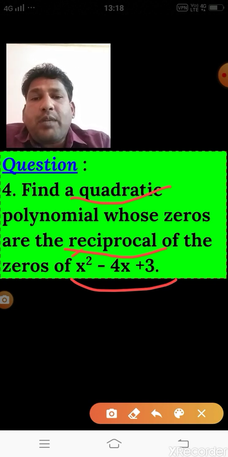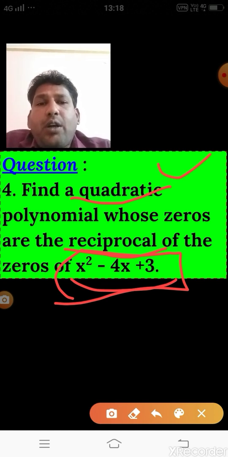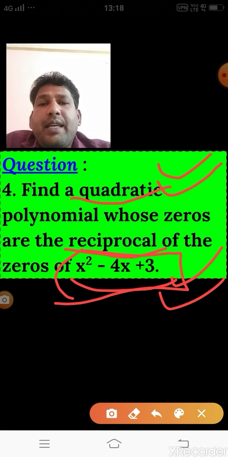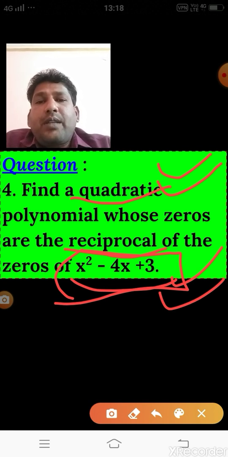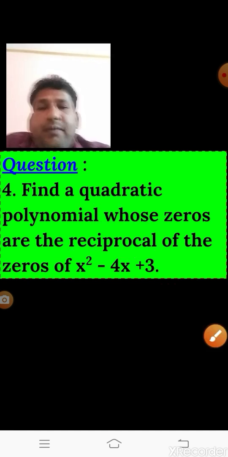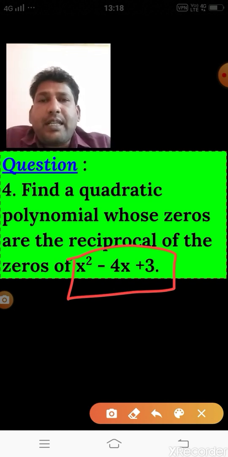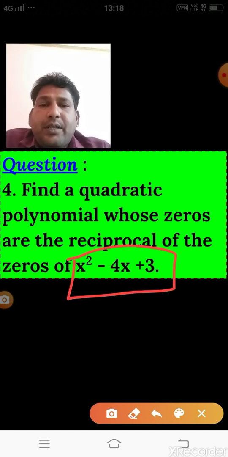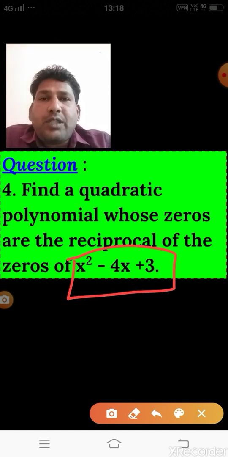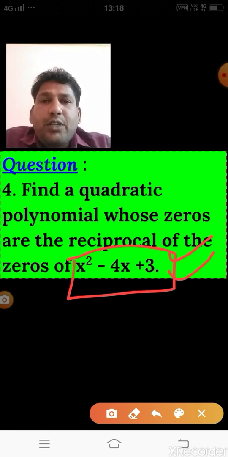One quadratic polynomial is already given, and the required polynomial is related to it by the reciprocal. We can find the zeros of the given polynomial by the factorization method, and also find the sum and product of zeros directly by using the relationship between the zeros and the coefficients.